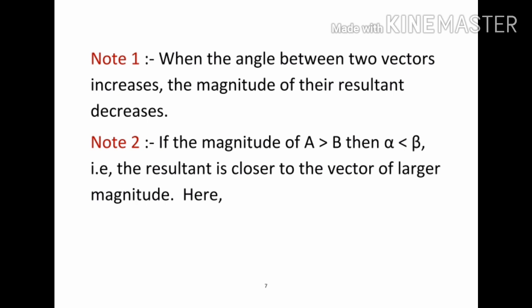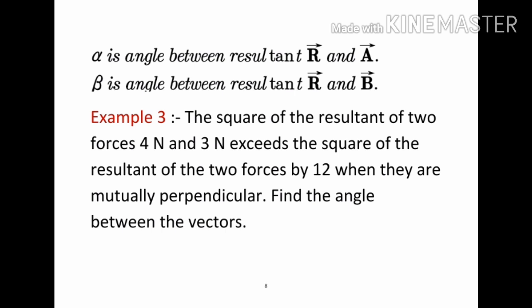In a similar way, note 2: if the magnitude of A is greater than B, then alpha is less than beta. That is, the resultant is closer to the vector of larger magnitude, and in this case alpha is taken as the angle between resultant R bar and A bar, and beta is the angle between resultant R bar and B bar.